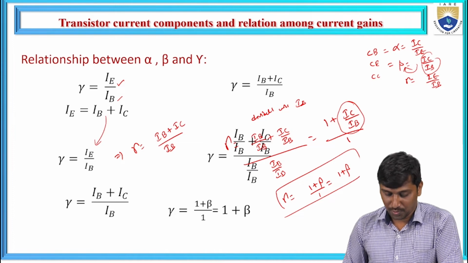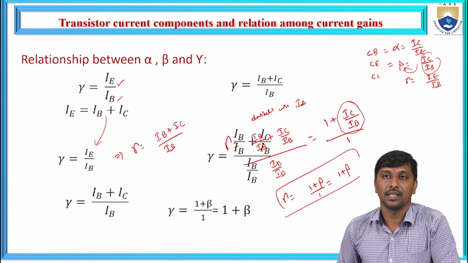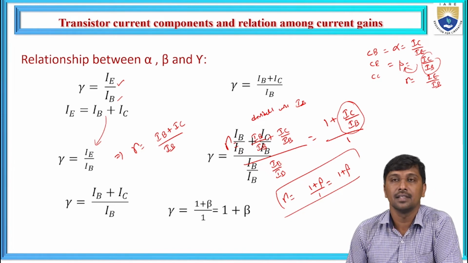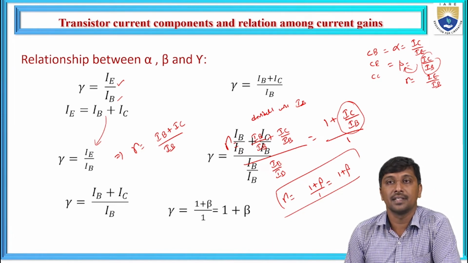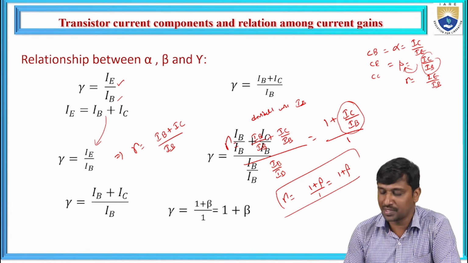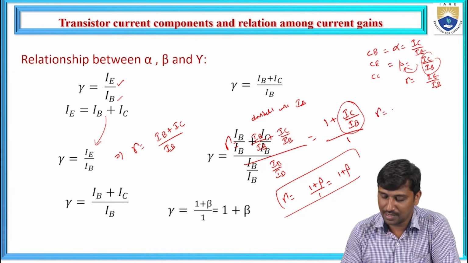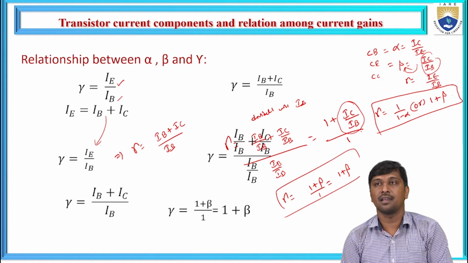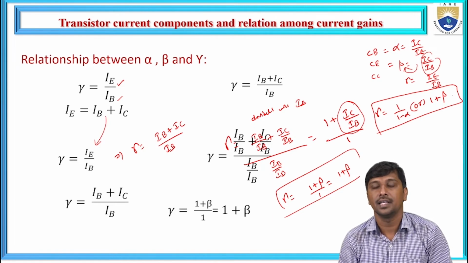Up to this point, we observed in two cases that gamma is represented in terms of alpha as well as in terms of beta. From these two observations, gamma is written as either 1 by (1 minus alpha) or 1 plus beta. This is the relation between the three parameters alpha, beta and gamma.